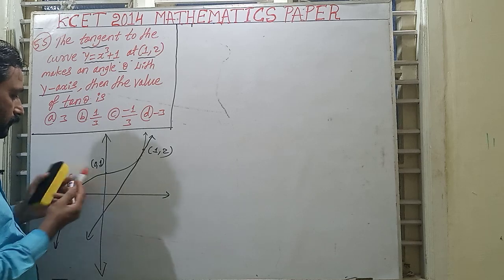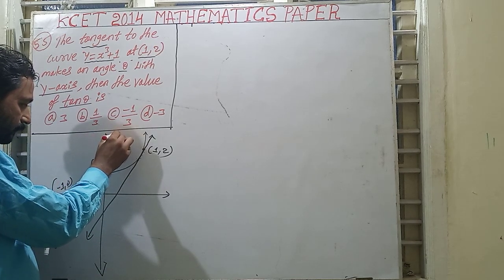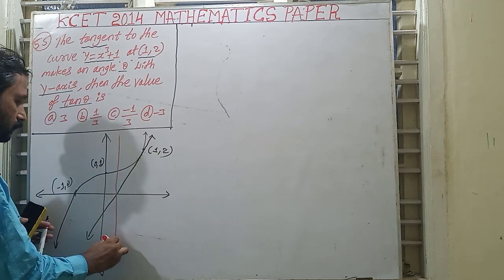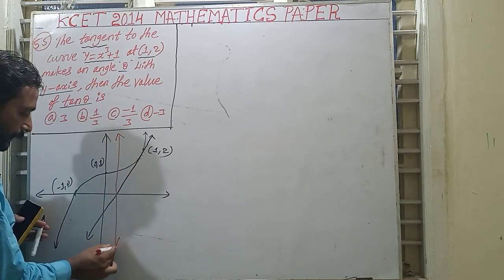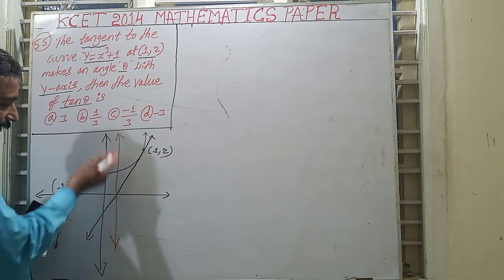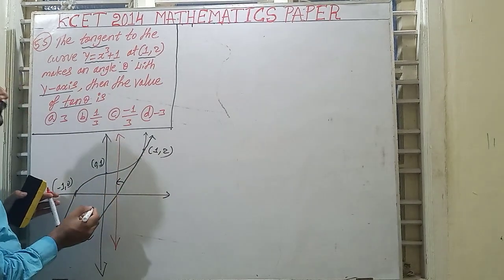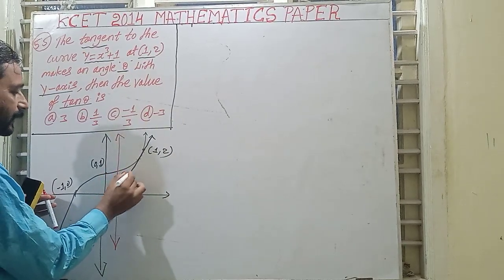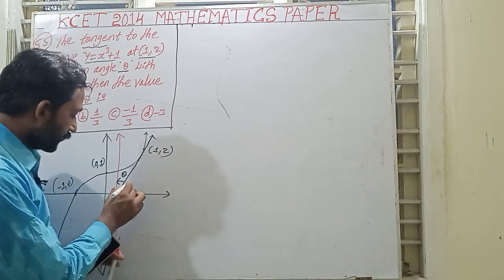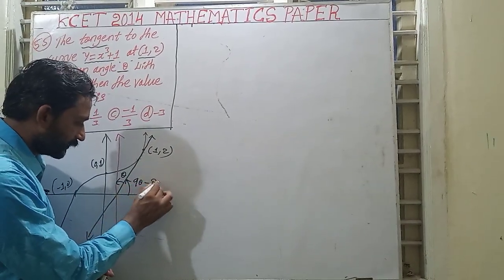So you can draw a rough line parallel to the y axis. The angle made by this line with the y axis, this red line, is what is given: theta. Theta is the angle made by the tangent with respect to the y axis. So remaining is 90 minus theta, correct?